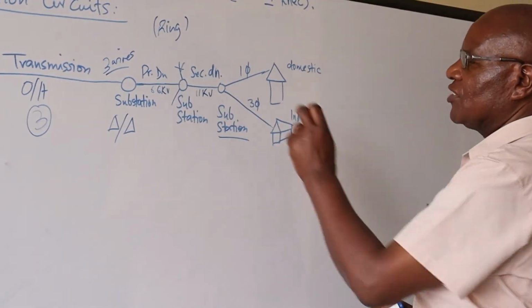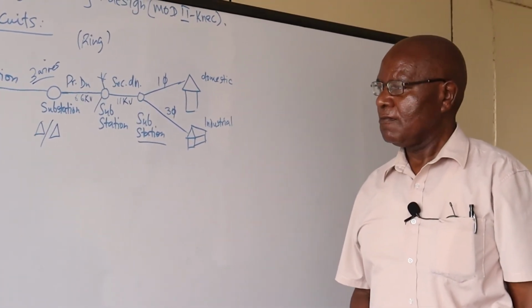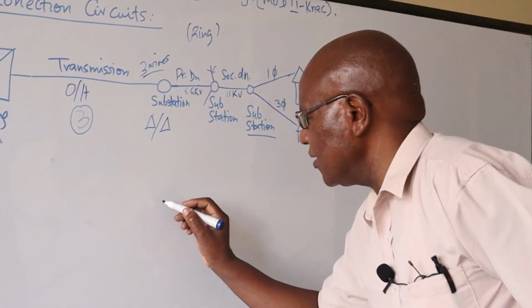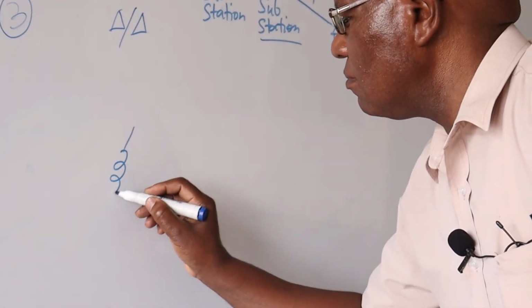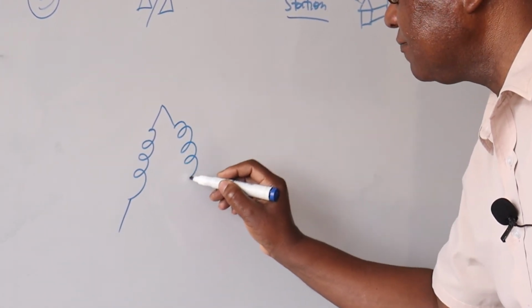Now, when it comes to the final substation, we need to get our neutral. So you find in the final substation, the primary side will have a transformer which is connected in delta.